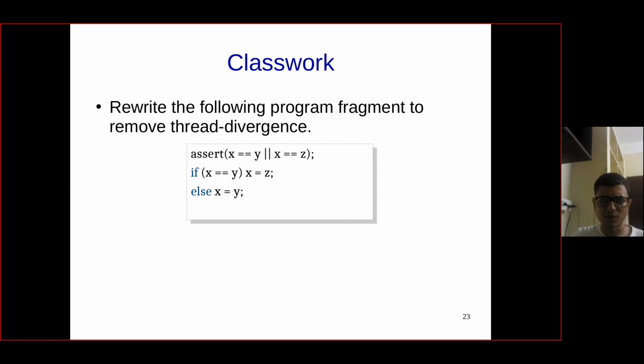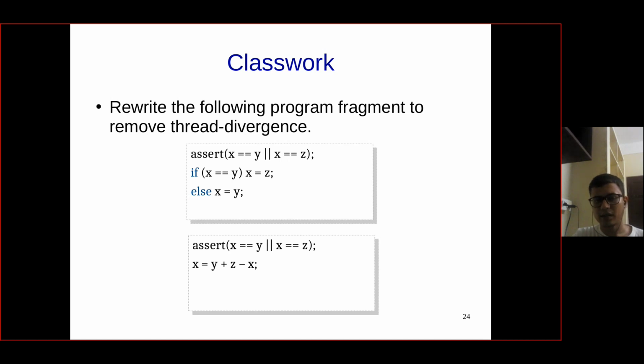For that, we need to use a small trick here. This is how we'll remove the divergence: by replacing this if-else by this single statement. The single statement doesn't involve any condition, and all the warp threads will execute this statement in just one go. So there is no divergence here, but let us check if the correctness is maintained.